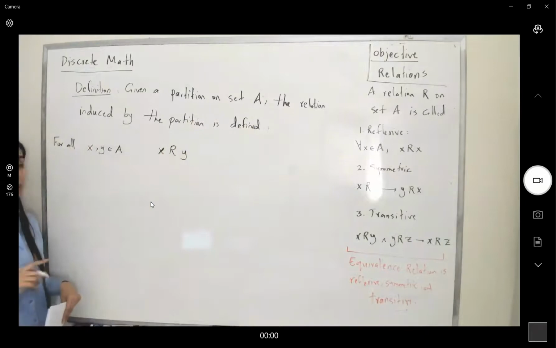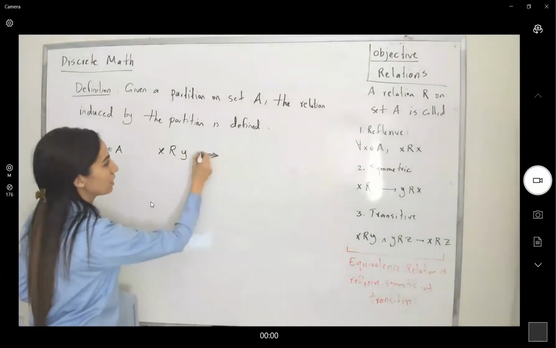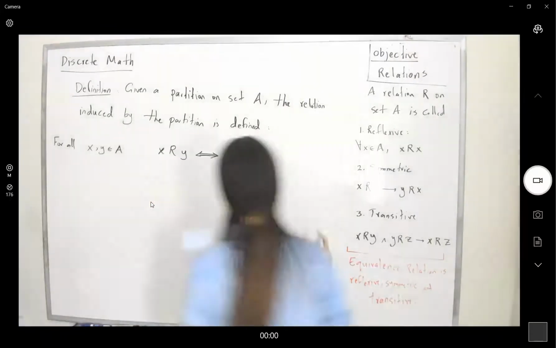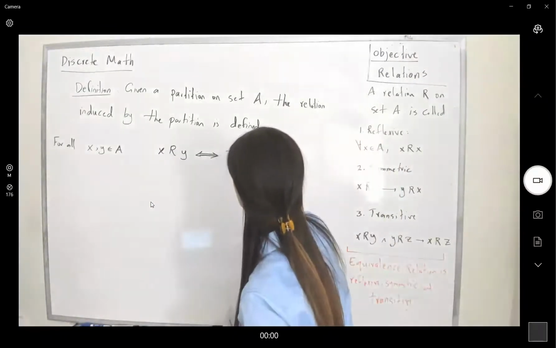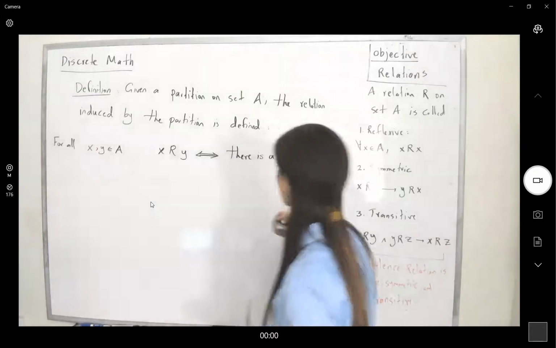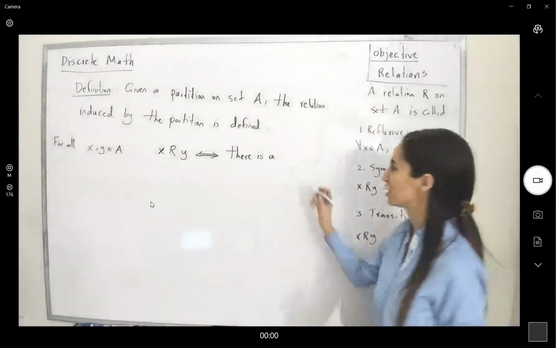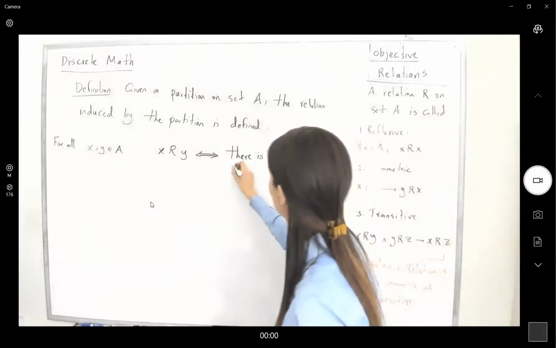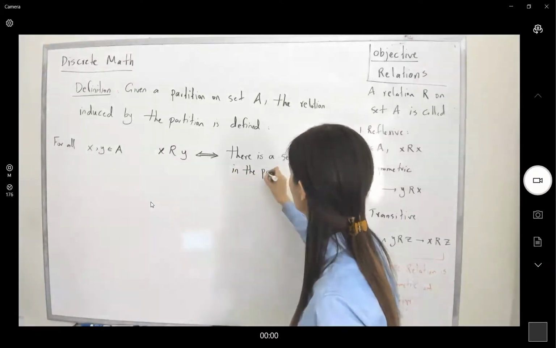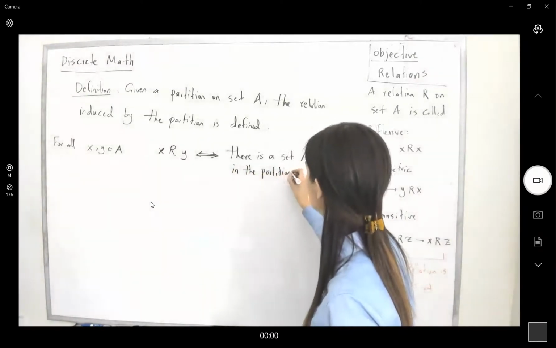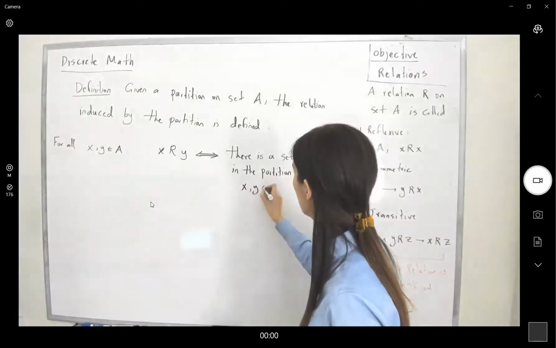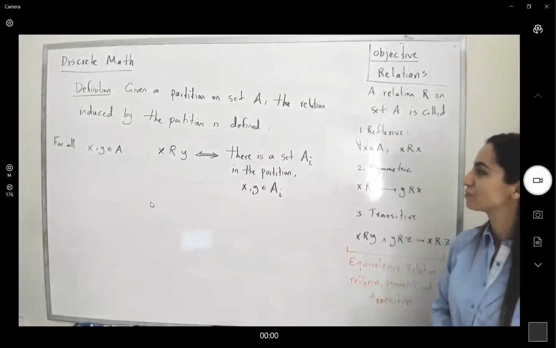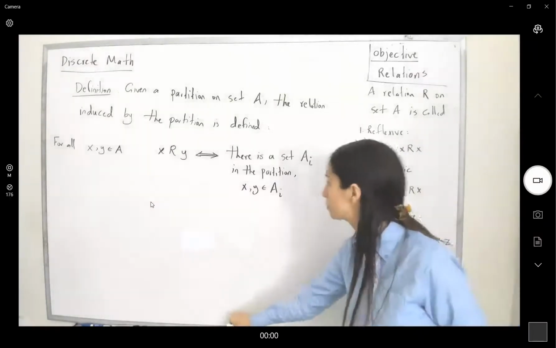We define that relation as R if and only if there is a set in that partition, like A sub i, in the partition such that x and y both are in A sub i.